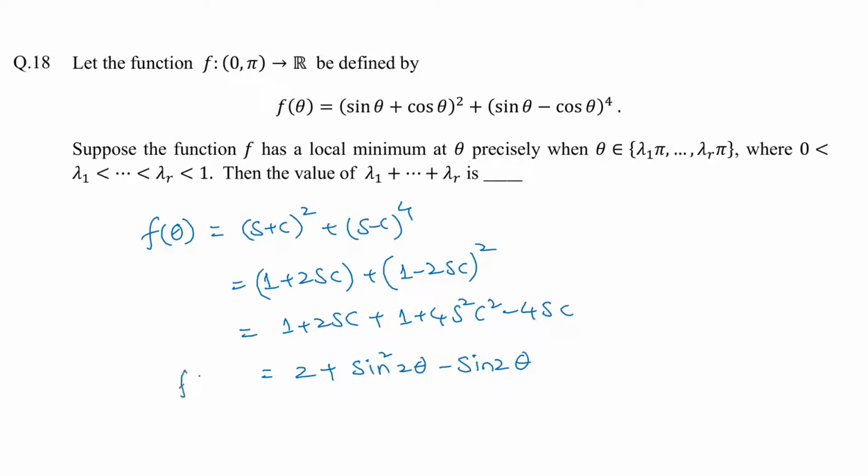So ultimately we got f of theta equal to 2 plus sine square 2 theta minus sine 2 theta. Now let's convert this into a perfect square, and from there we are going to do the interpretations. So f of theta is equal to sine square 2 theta minus sine 2 theta plus 2.